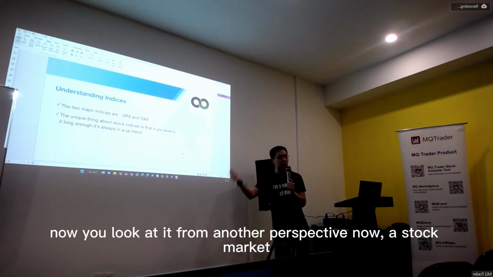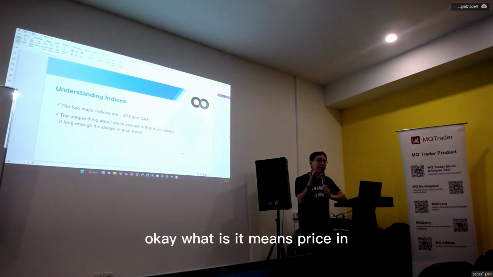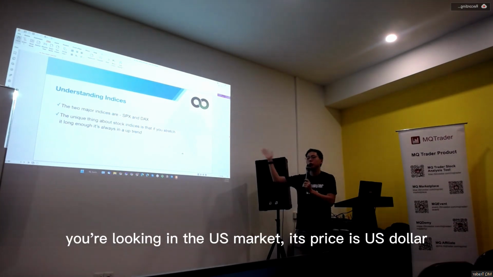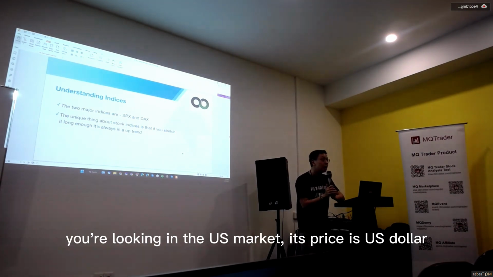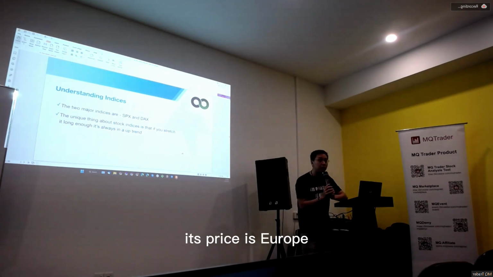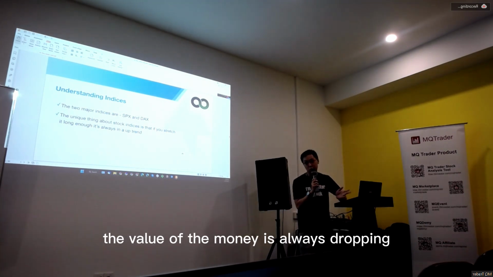Now you look at it from another perspective. A stock market, okay? What is it being priced in? It's always priced in that particular currency. So if you're looking at the US market, it's priced in US dollar. If you're looking at Malaysia, it's priced in ringgit. If you look at German DAX, it's priced in euro. So every equities market is priced in a currency. And we know the value of the money is always dropping.